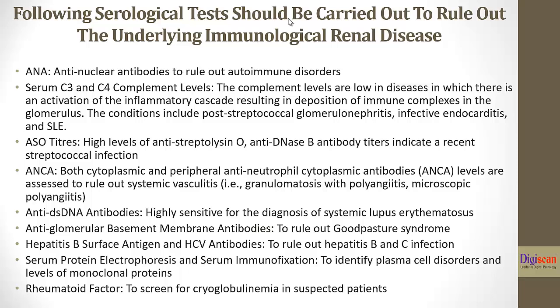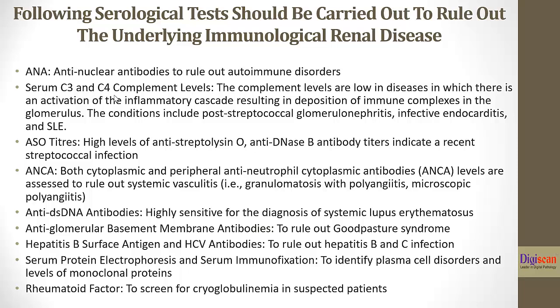Now these are the serological tests that can be done to rule out the underlying immunological renal disease and know the etiology of the nephritic syndrome. The anti-nuclear antibodies are done to rule out autoimmune disorders.